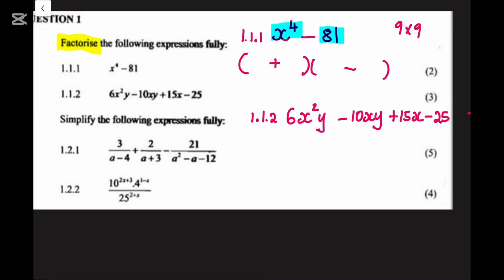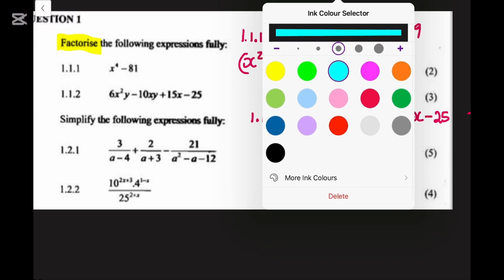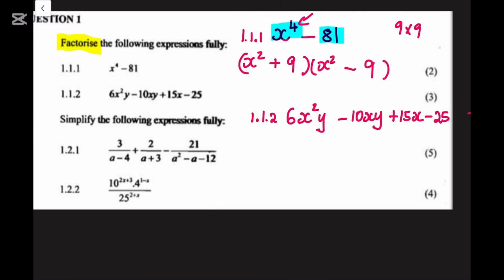If we divide this exponent by 2 here, we are going to have x squared. Even here, you just put x squared. And we said 81 is the same as 9 times 9, so you just put 9 and 9. Now, you will notice that after factorizing, you still have another difference of two squares, because this 9 here is the same as 3 times 3.